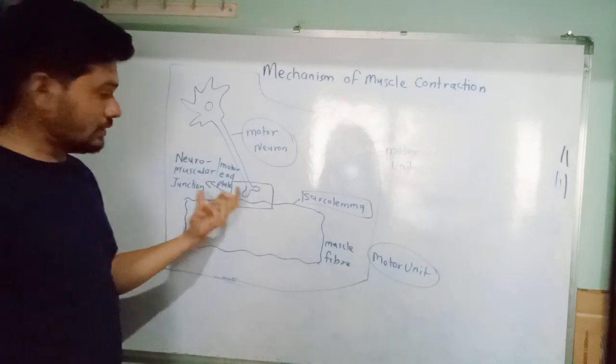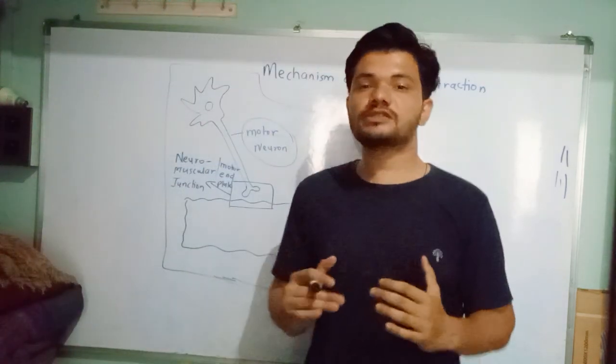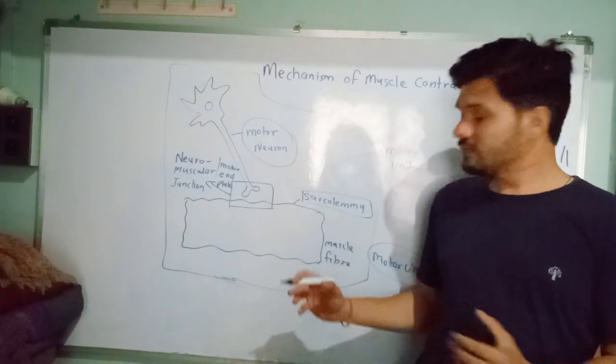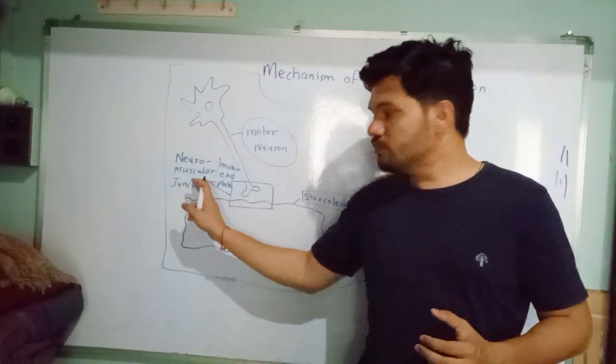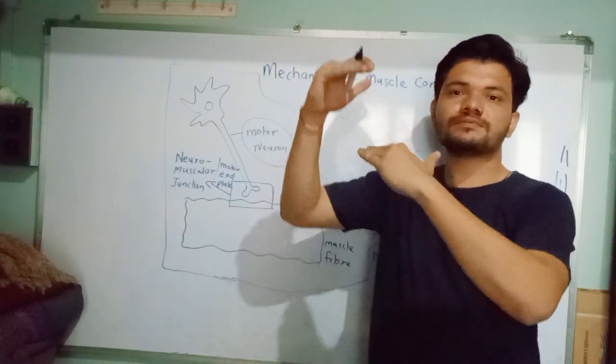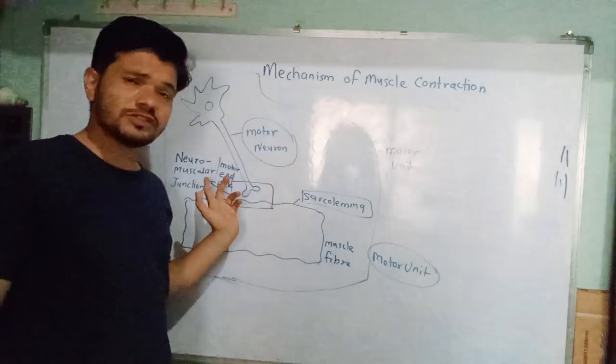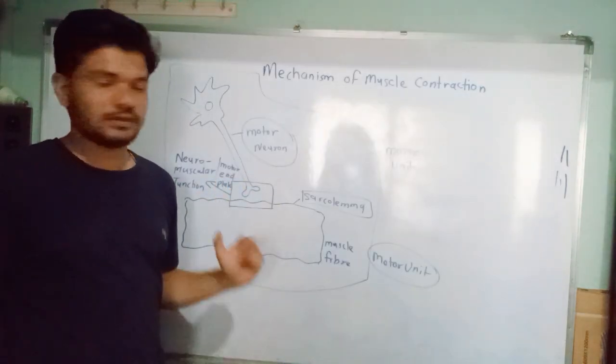The end of the neuron and the plasma membrane, the sarcolemma of the muscle cell, is collectively called the neuromuscular junction, where neuron and muscle have a connection. That is the neuromuscular junction or motor end plate.